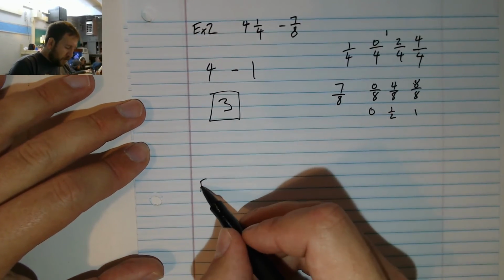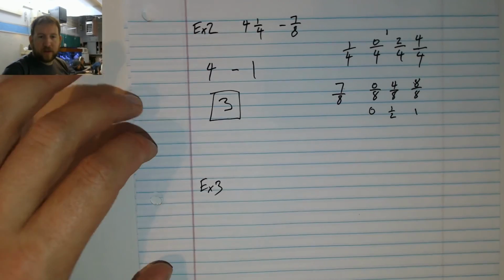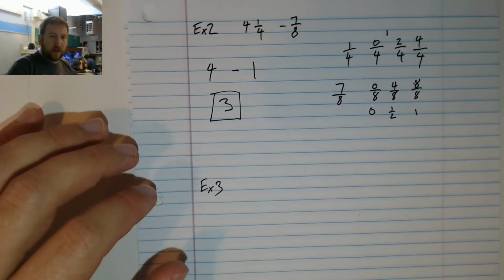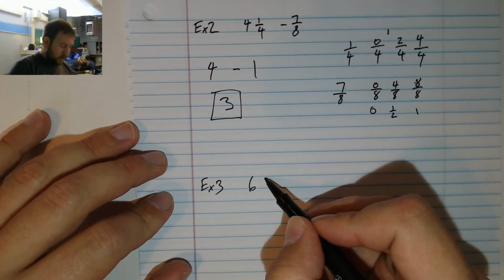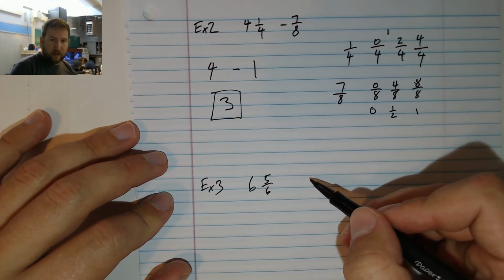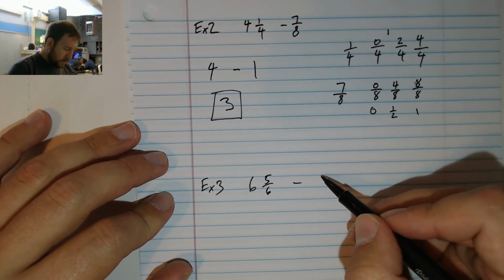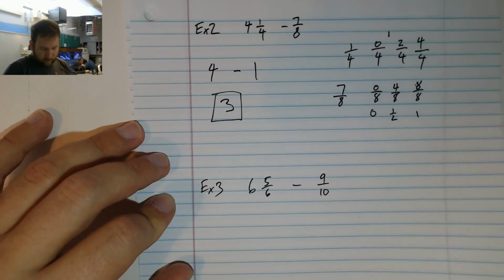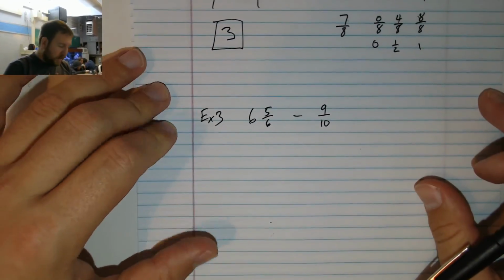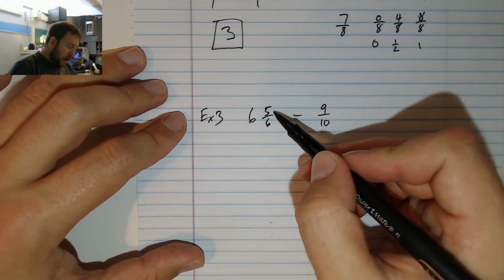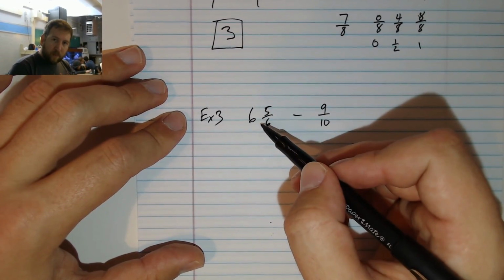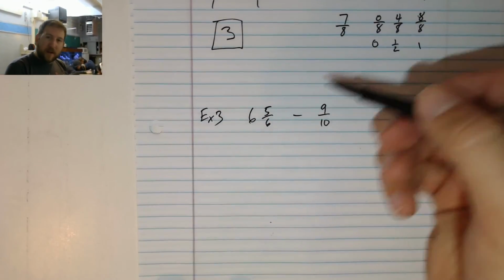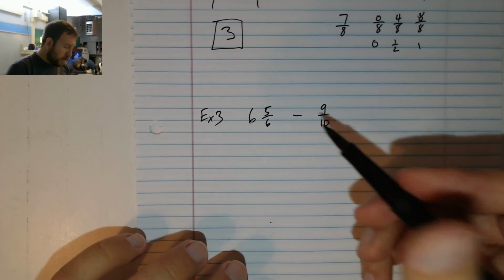Okay, example 3, the last one that we'll do with this section, goes like this. 6 and 5/6 minus 9/10. Alright, so I can see a potential problem coming up here. I'm going to look at my estimations. I'm not going to write them out this time because I feel like we probably know it by now.